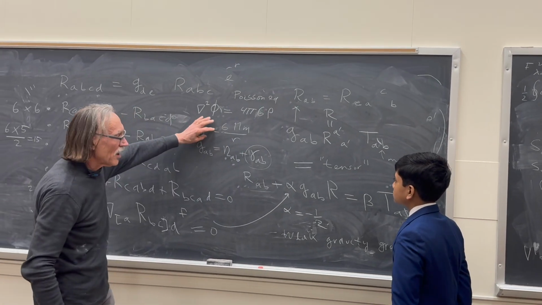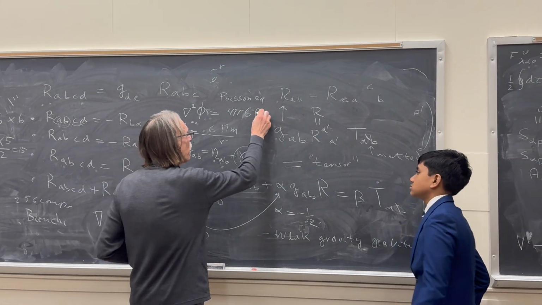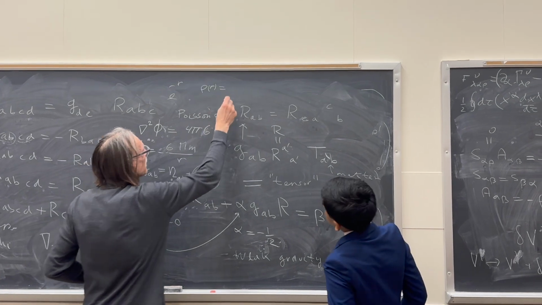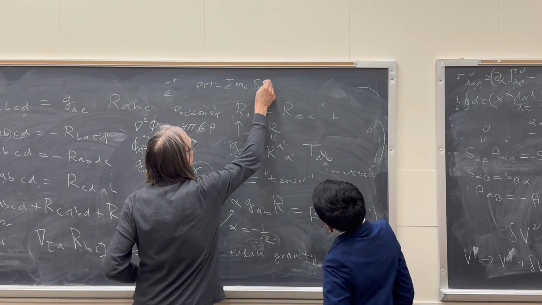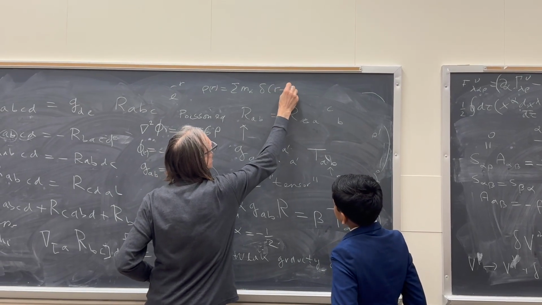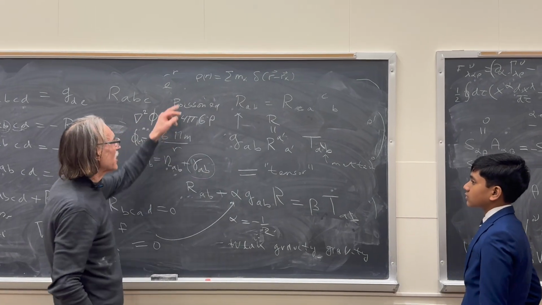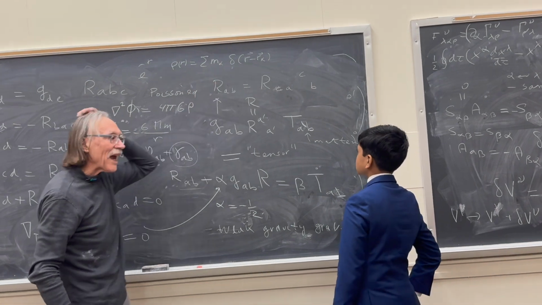It is equivalent to this one, when you think of rho of r as the sum of masses mk times delta r minus rk. So this is the matter density, and these are point masses.